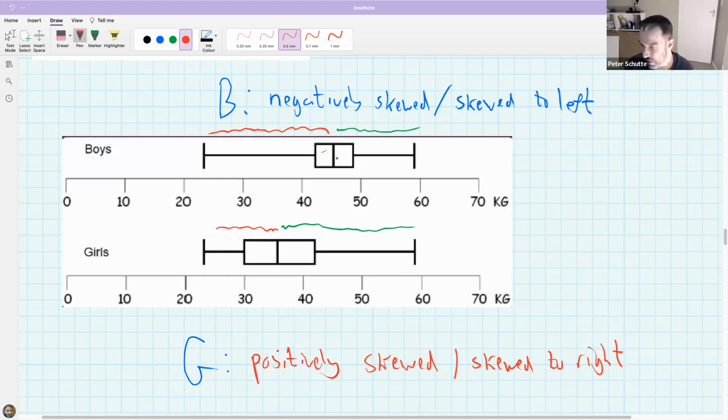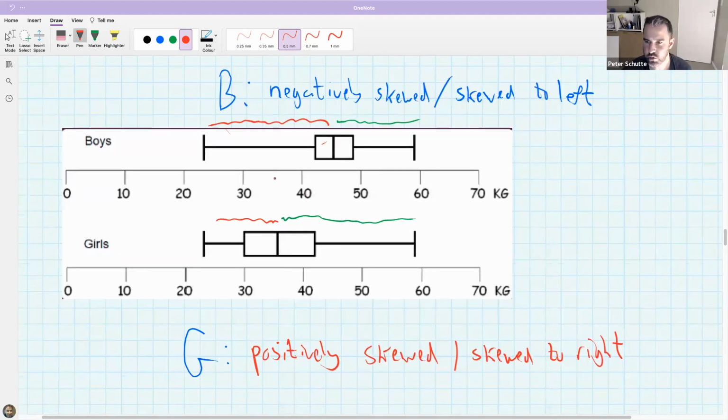So it's a little bit of both. Does that help? Yes, sir. Okay. Thank you. Pleasure. Most of the time the whiskers are, but if the whiskers are about the same, then sometimes it can be helpful to look at a combination of both of them.